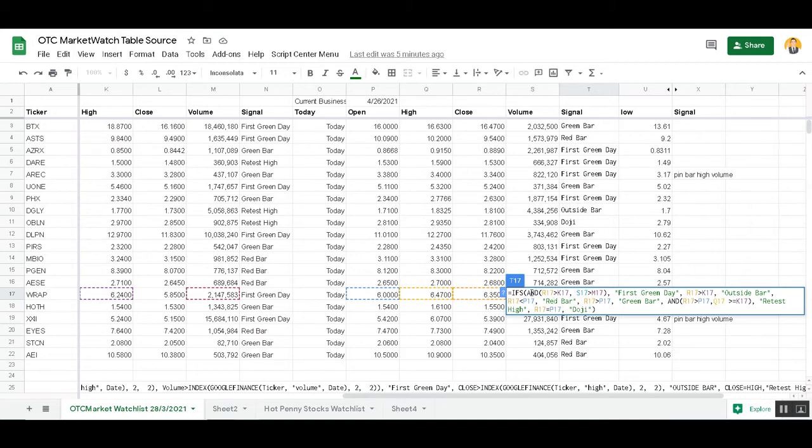So there are two conditions that I set. The trading volume has to be more than the previous day. This is one. And the closing price of the day has to be higher than the previous day high.